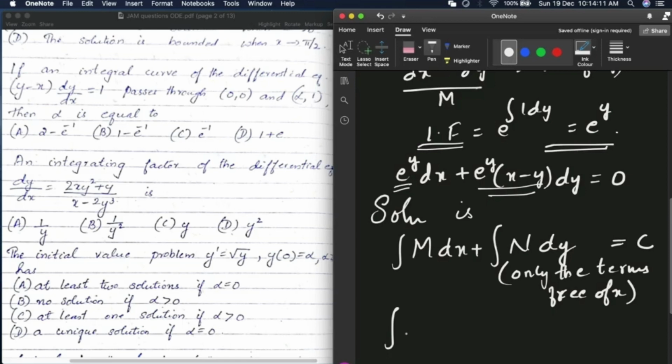So here it will be e raised to y dx plus, in this there is only one term which is not containing x, that is minus y e raised to y dy. The x term you will have to ignore.